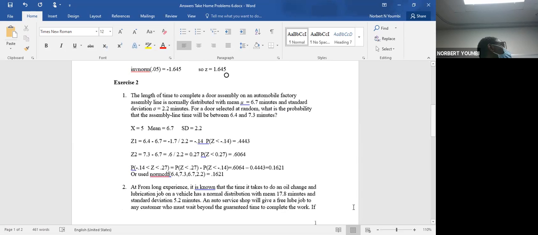Question exercise 2. In each of these exercises, you want to know what is the mean and what is the standard deviation. What is the mean here? And what is the standard deviation? What is this 5 doing here?